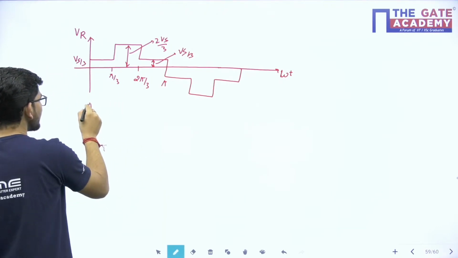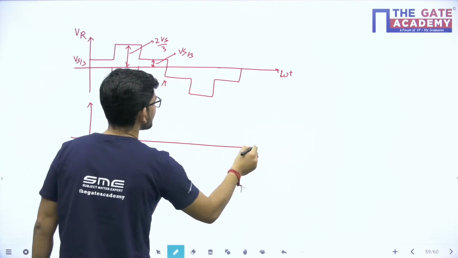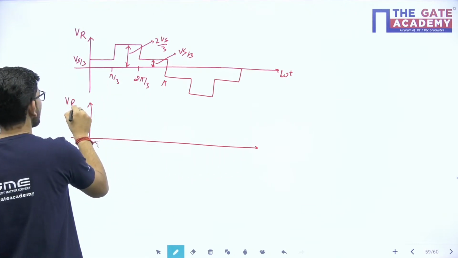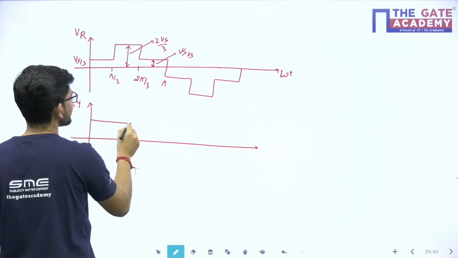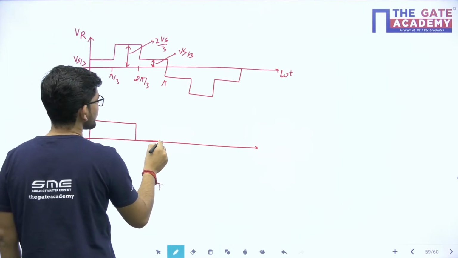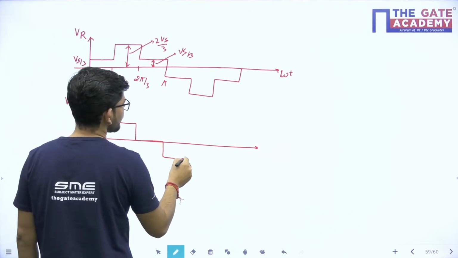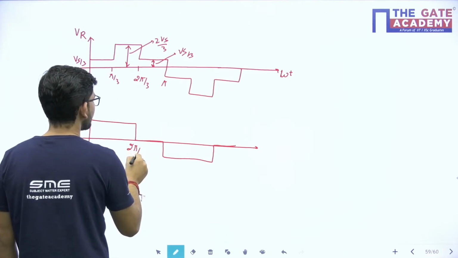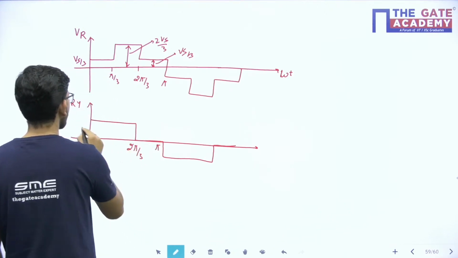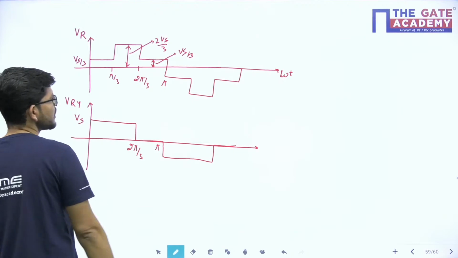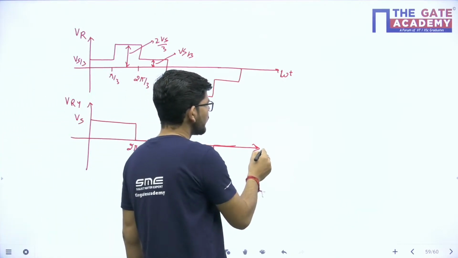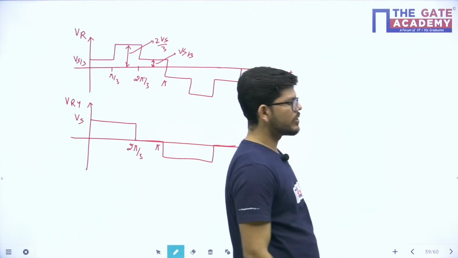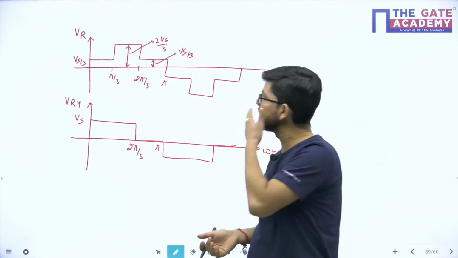If I talk about the line voltage waveform of phase VRY, I will get something like this, a quasi-square waveform. This is 2 pi by 3 and this is pi, and this magnitude is Vs. These are the phase voltage and line voltage waveforms in the case of a 180 degree VSI.